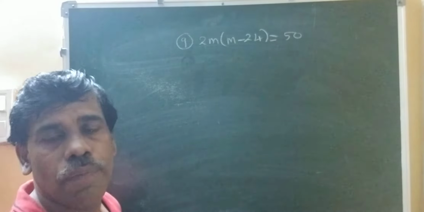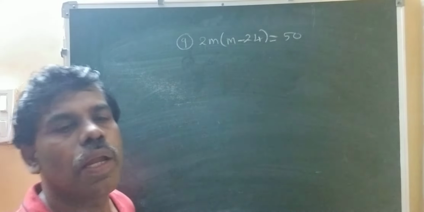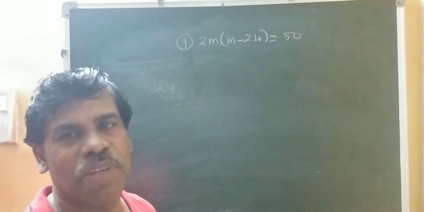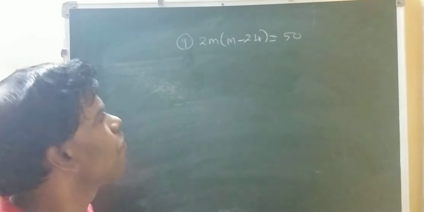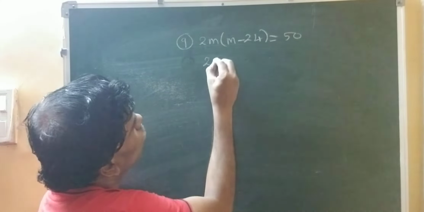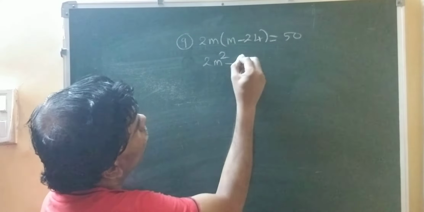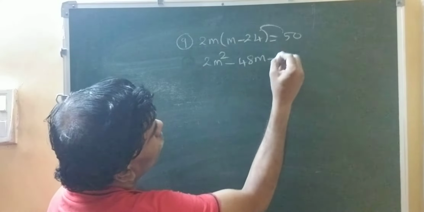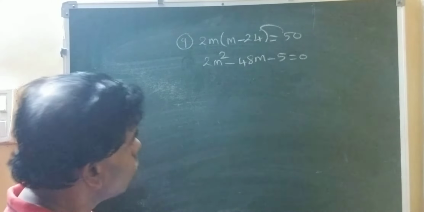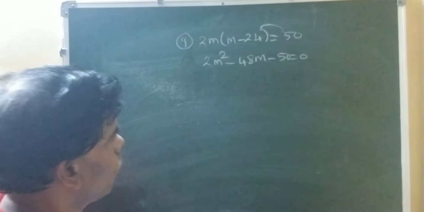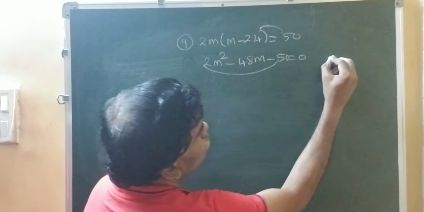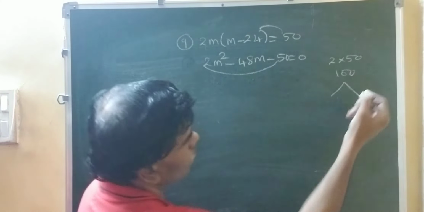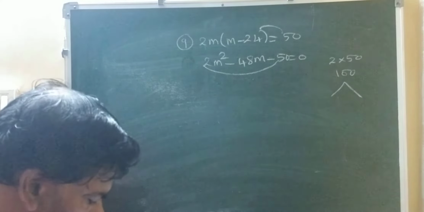So first of all, we have to simplify and bring it into the standard form, ax square plus bx plus c is equal to 0. So 2m square minus 48m minus 50 equal to 0. So 2 into 50, so 100. What will become, you tell me?